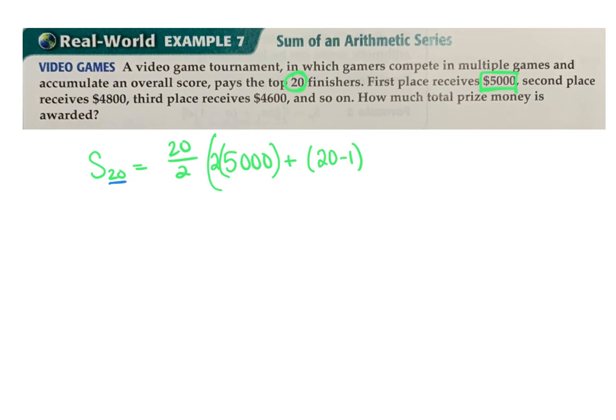And what's my common difference? How is it changing from first to second to third? Negative 200, specifically, right? It's going down. All right? So that's where you use that 2 a sub 1 plus n minus 1 times d. So if you do all of that, you're going to get 62,000 in prizes.